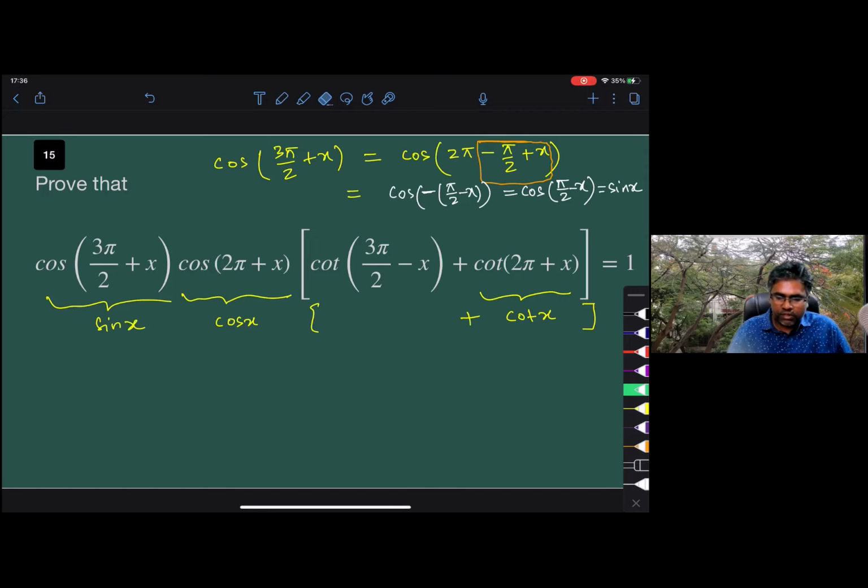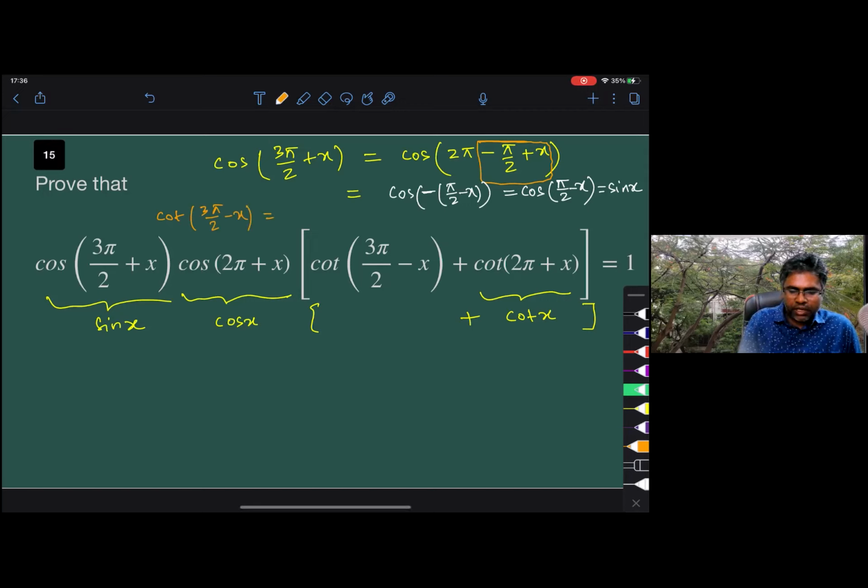Then the other one. We will do the same thing for cot 3 pi by 2 minus x. So let me do that again. Let me squeeze it here. So cot 3 pi by 2 minus x.